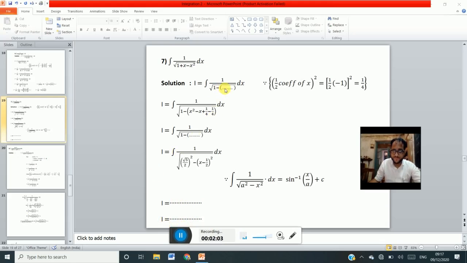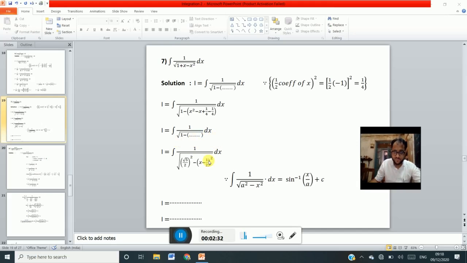First blank space में क्या आएगा? x square minus x, right, ये fill किया हुआ है. यहाँ क्या आएगा? x minus 1 by 2 whole square and minus 1 by 4 bracket के बाहर. ठीक है, या फिर bracket के बाहर ऐसे भी लिख सकते हैं इसको, x minus 1 by 2 whole square bracket में, और bracket के बाहर plus 1 by 4.